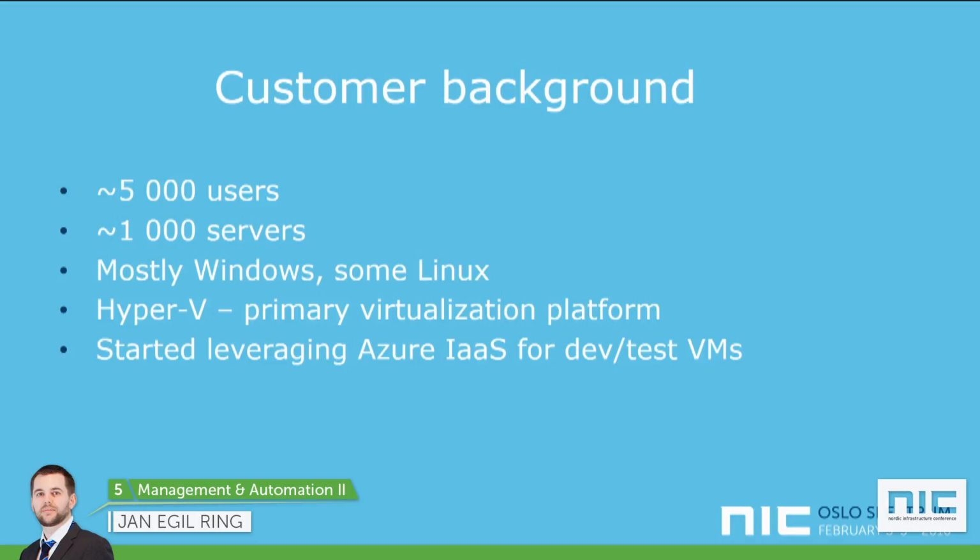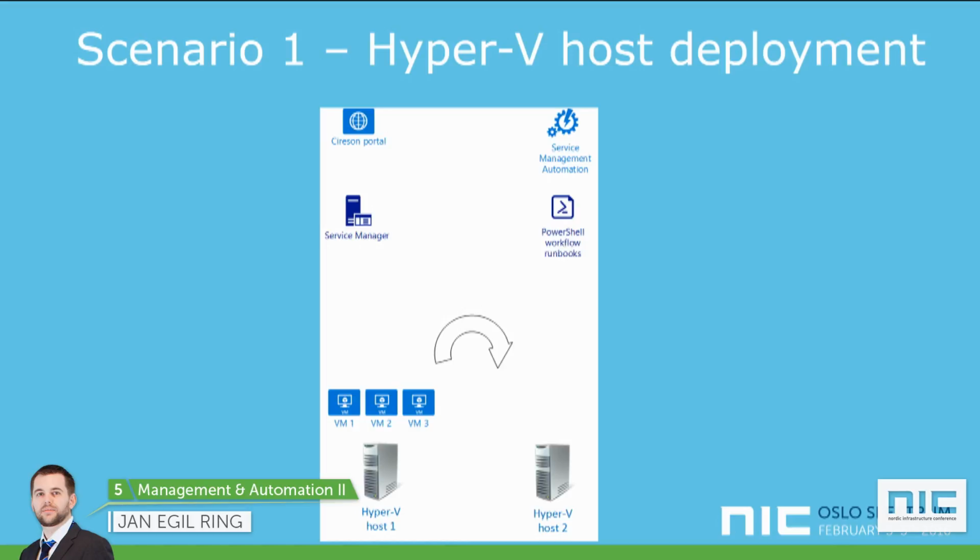Hyper-V is the primary virtualization platform, although there still are a few VMs there. And we also started to leverage Azure infrastructure as a service, basically virtual machines running in Azure for test and development machines. So the first scenario we're going to look at is deploying Hyper-V hosts.